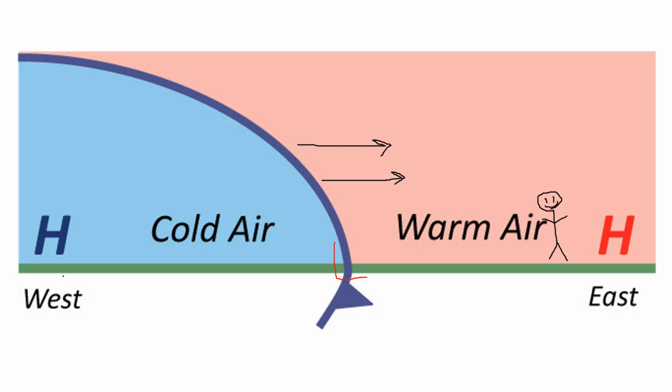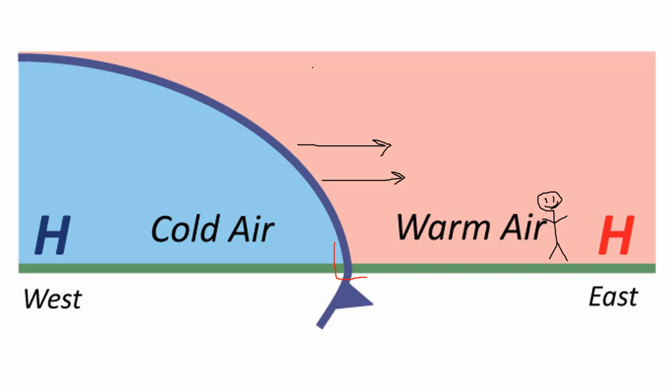The other thing that you'll notice when a front passes is, depending on the type of front, and really for today's activity, we're only going to deal with cold fronts. They're typically the most blatant. What happens is, ahead of the front, when the front has not reached me yet, I'm in a layer of warm air.